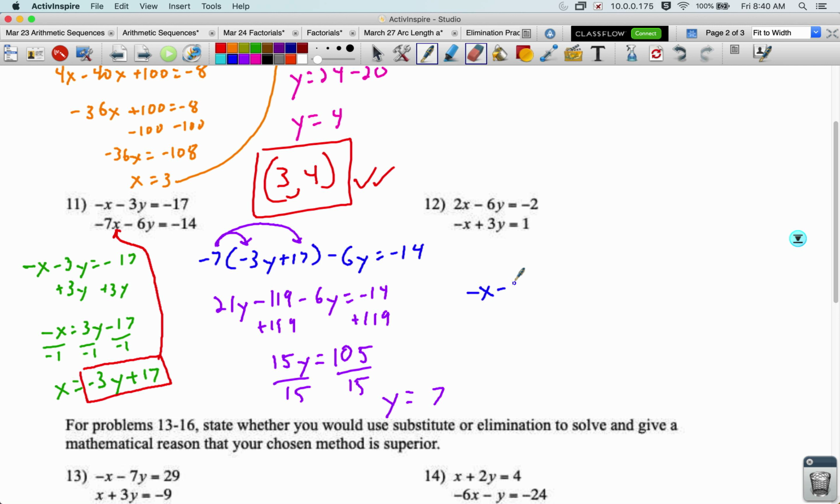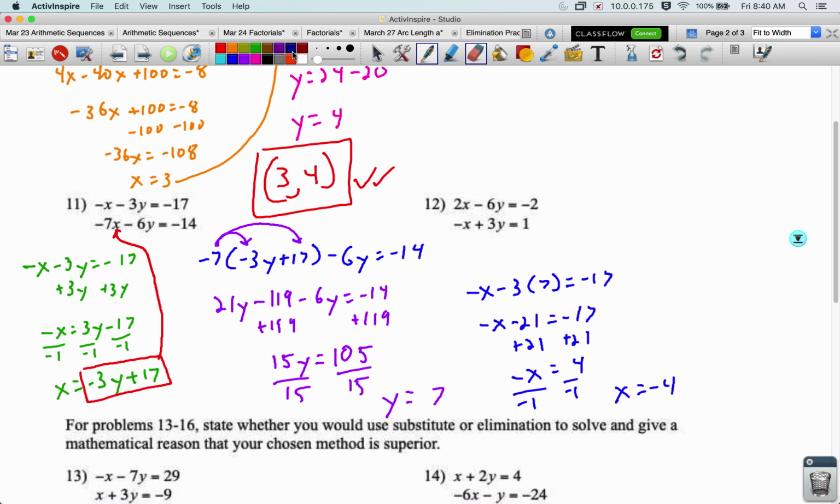Negative x minus 3 times 7 equals negative 17. Negative x minus 21 equals negative 17. Add 21 to both sides. Negative x equals 4. Divide by negative 1, divide by negative 1. x equals negative 4.